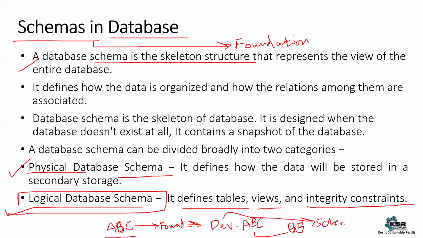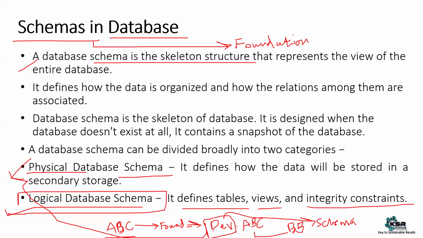Whatever information you're trying to store in this ABC database, might be a table, might be a view, there are many options available. Those options are called the logical database schema, whereas where that information is stored in the schema, that information is stored physically. That physical information is called the physical database schema.